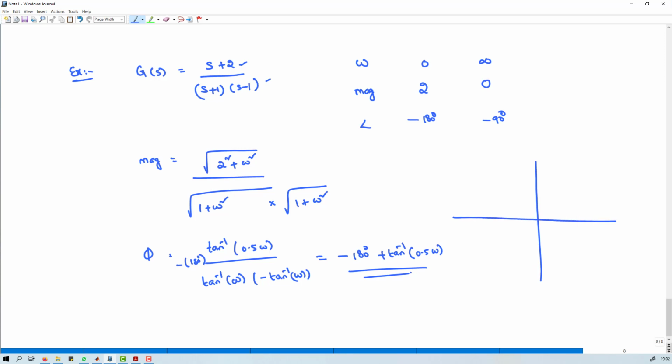As in the earlier process you followed, we found that at omega equal to 0, the magnitude is 2 and the angle is minus 180. It is very clear. At omega equal to infinity, the magnitude is 0 and the angle is minus 90. So it starts from minus 180 and goes to minus 90. That is how you can write these equations very clearly.